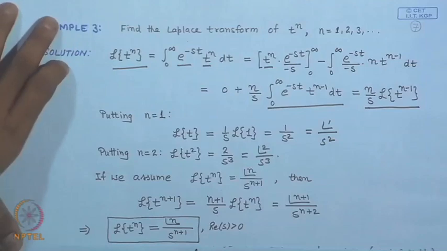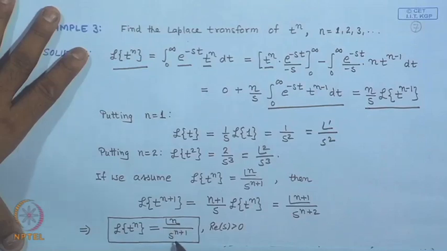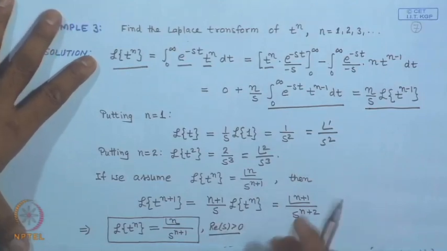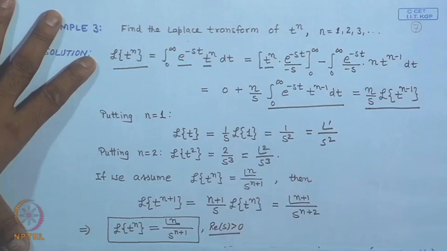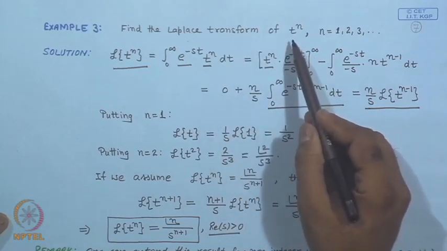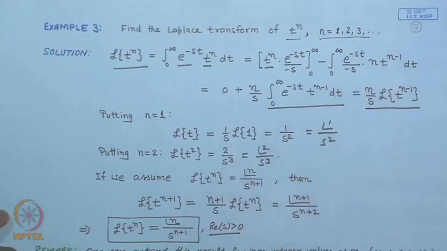So, we have this formula to get the Laplace transform of t n. Laplace of t n is factorial n over s n plus 1, and the real part of s is greater than 0. In fact, we can also extend this result, because here what we have seen was for n positive integers.